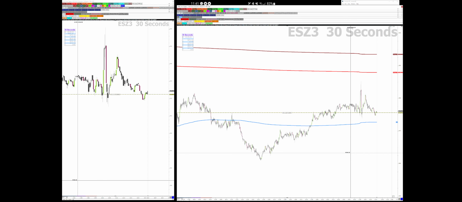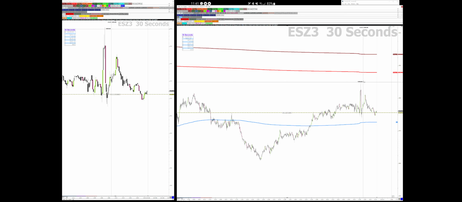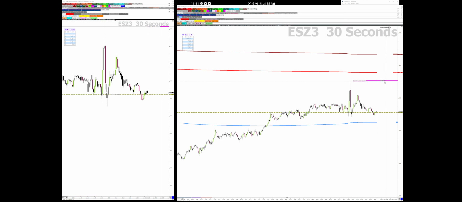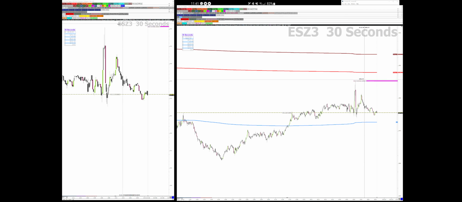So I have my manuals and I have my automatic VWAPs. I also use reference lines. Reference lines are just horizontal lines. I use them to mark out where liquidity is. So we know that anybody who got short on this move up here, the first place they put their stop is right above that level.